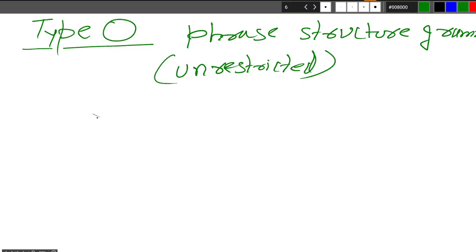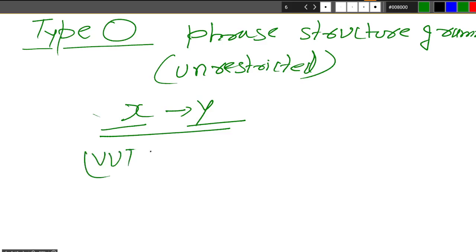This means you can have x gives y as a rule where there is no restriction on what can be on the left and what can be on the right. The only restriction that we have just told is that it will have (V union T)+, and no other restriction. Later on in type 1, type 2 you will see some more restrictions are added.